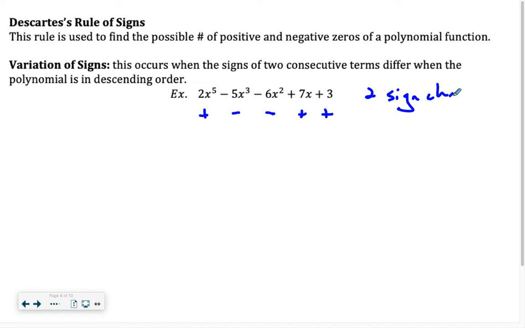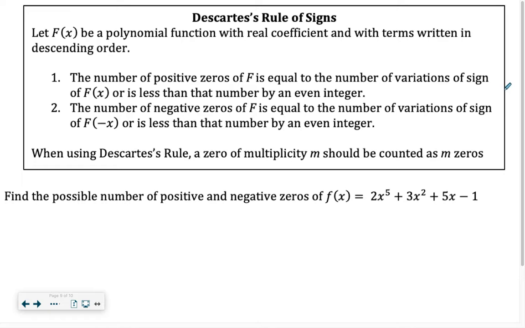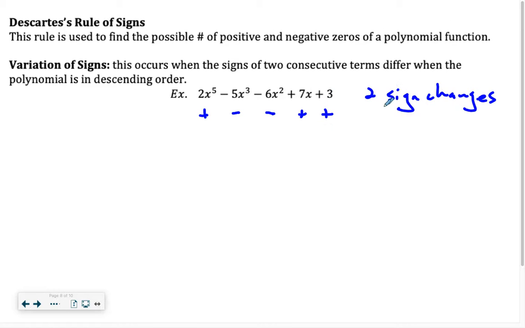Okay, so now let's look at what that means for our purposes. Right? Descartes' rule of signs just says that the number of positive zeros of f is equal to the number of variations of sign on our function, or is less than that by an even integer. So in our example there, since we found two sign changes, we would say, well, this polynomial either has two positive roots or zero.